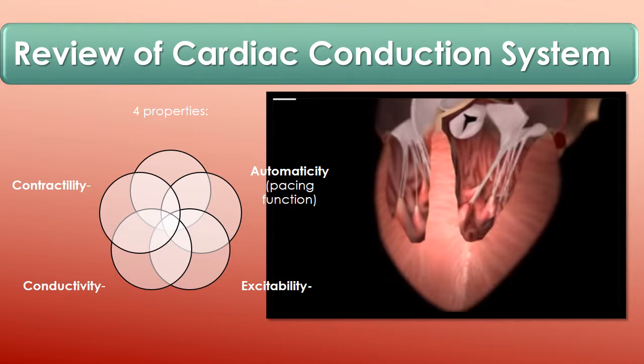Conductivity deals with the ability to send an electrical stimulus from one cell membrane to another. Depolarization results in a wave from cell to cell. This is what's reflected on the ECG waveforms called the P wave and the QRS complex. Contractility, I talked about that, is the cardiac muscle's ability to contract and push blood through the heart.